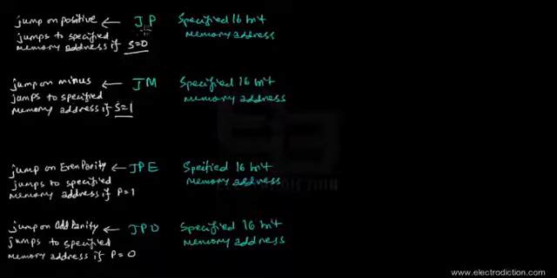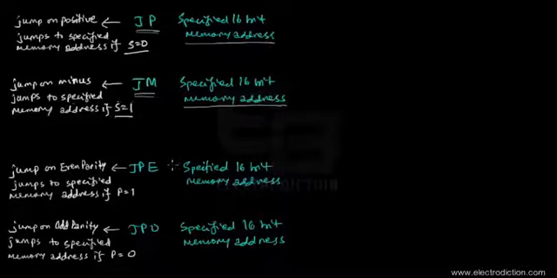The JP instruction gets executed if the sign bit is equal to 0, while the JM instruction gets executed only if the sign bit is equal to 1. Only then is the program control transferred to the specified 16-bit memory address, on the satisfaction of the respective conditions for JP and JM.